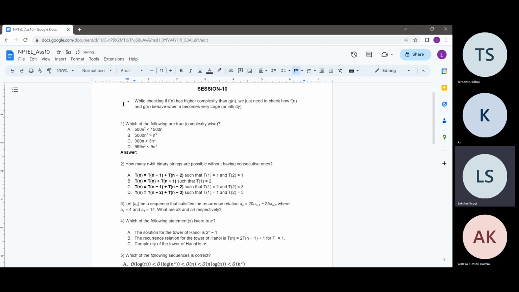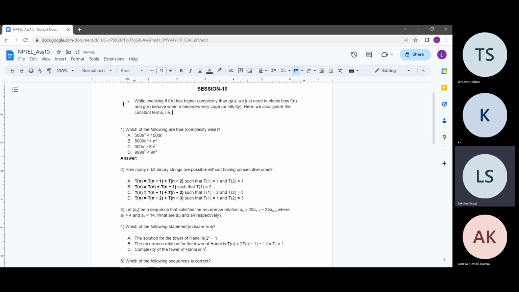While answering this, also we ignore the constant terms. So suppose we get f of n is something like 50 times g of n, then also we'll say that f of n and g of n have the same complexity. So here we also ignore the constant terms.